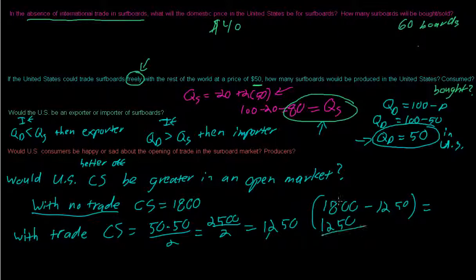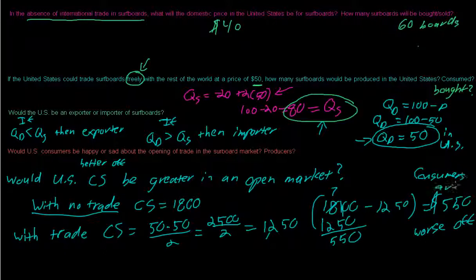Cross out that 8, that's a 7, 10 will be, so we'll have 0 here, that will be a 5, 7, 2 is 5, 1's cancel. So they will be $550 worse off. And these are consumers. So consumers are $550 worse off. And that's just the difference between their consumer surplus before trade and after trade.